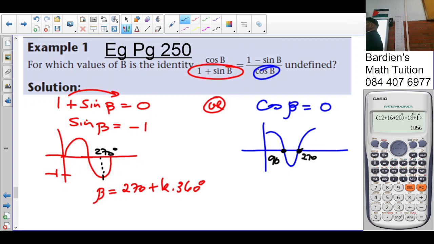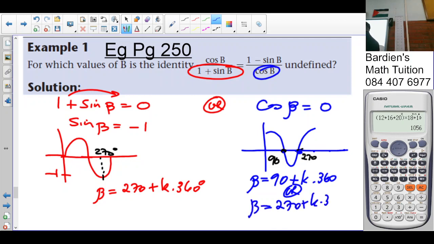Can you see that, people? In other words, if I write it for this part of the graph, it would simply be beta equal to 90 plus k times, and this happens every how many degrees? 360. Not so? Or on the other one, we got beta equal to 270 plus k times 360, which we already accounted for here.